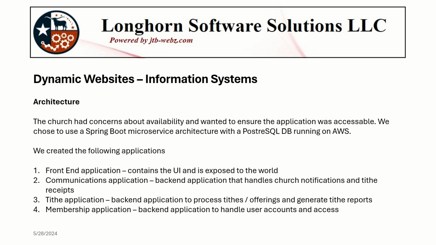We created the following applications: front end, communications, tithe, and membership. The front end application is the user interface and is exposed to the world. The other applications are back-end applications and only exposed in the subnet.